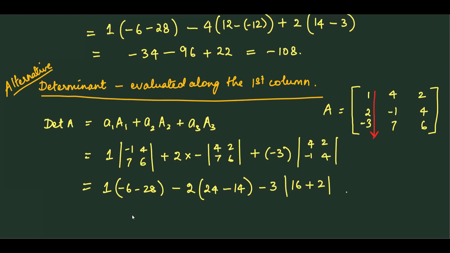So this is minus 34, minus 10 times 2 is 20, and this is 18 times 3, 54. You get minus 108 again.